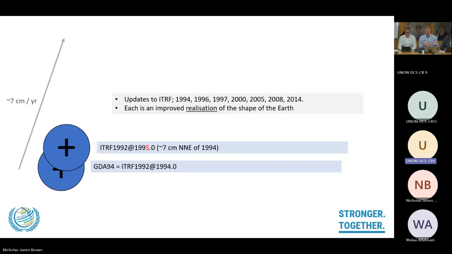We think our data is now better, or our analysis is better, and we want to improve the definition of the reference frame. So that's why they all come at different times. It's not consistent because they wait until they feel like they've got enough evidence to go through the effort to reprocess all the data and create a new ITRF.